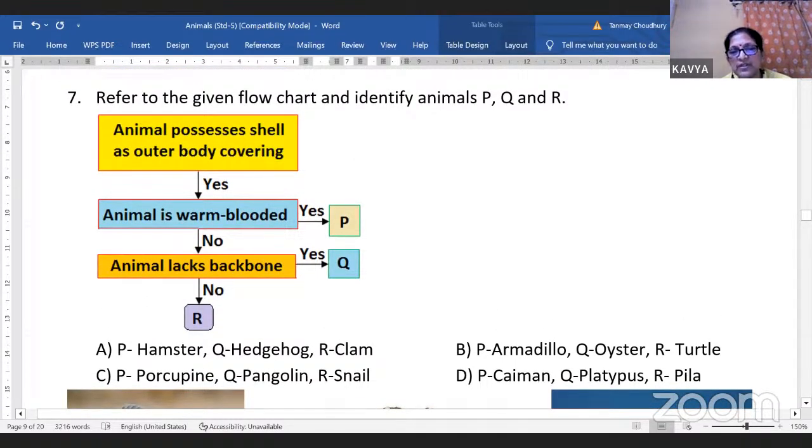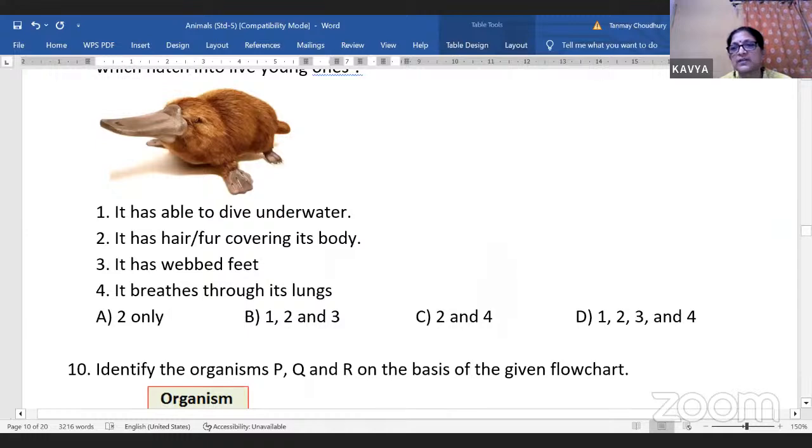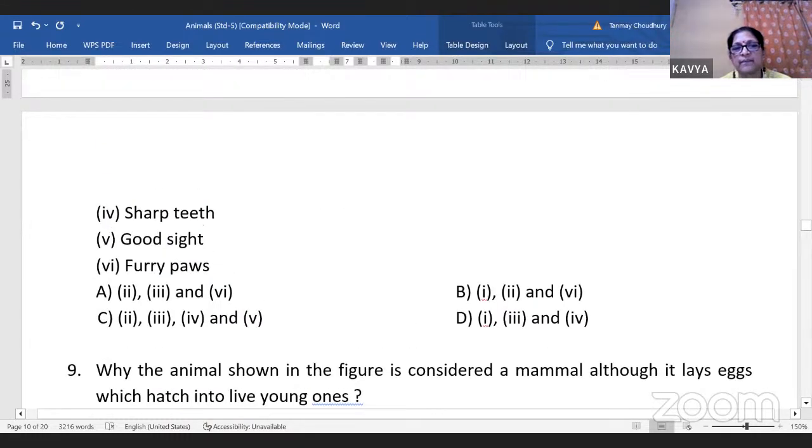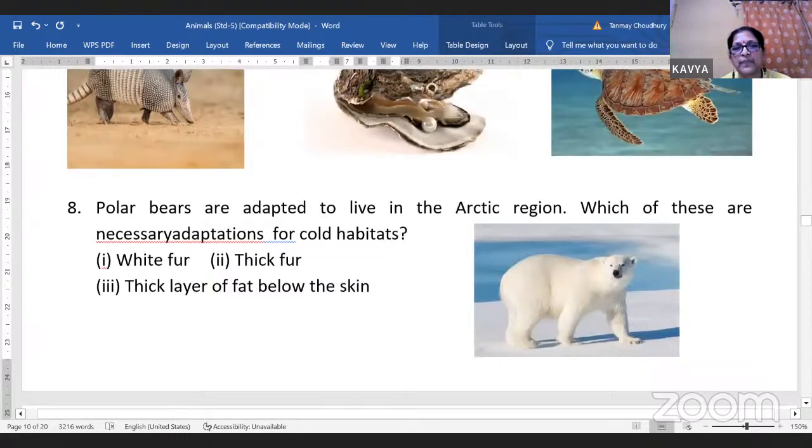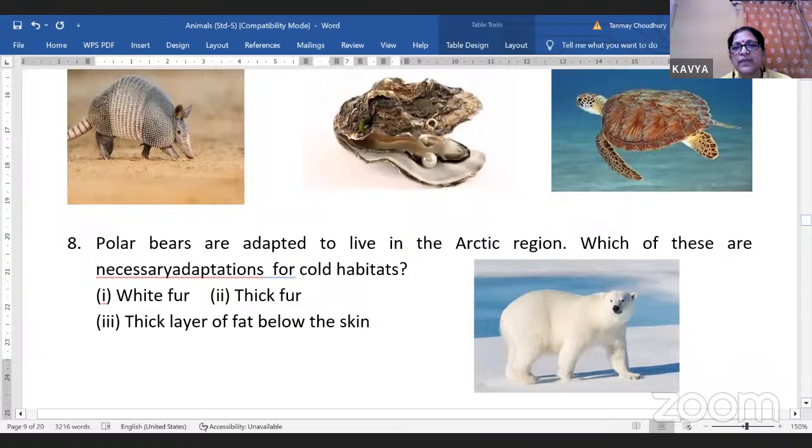So this is the question and so the answers. Here, these are the answers. Now, these are the animals which have been shown here. And since this is the answer, I wanted to show you these pictures of these animals here.